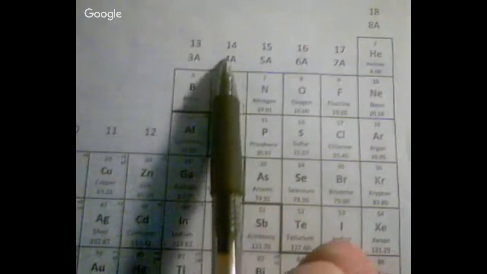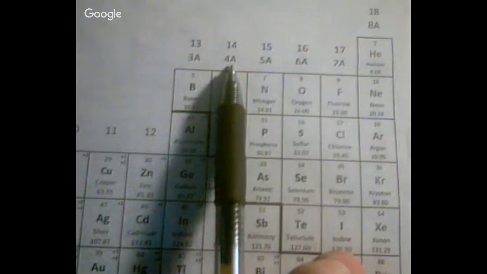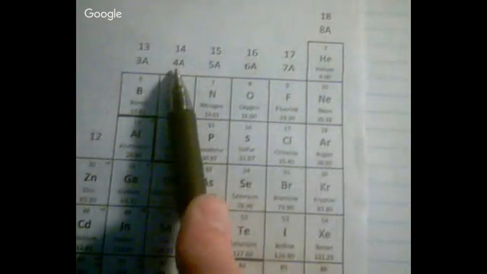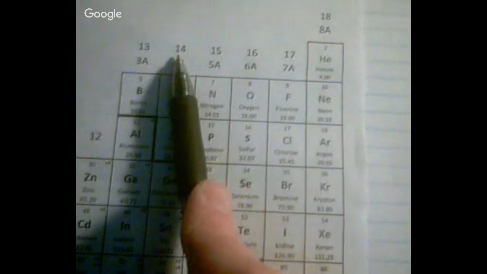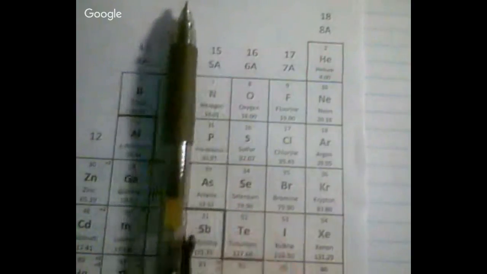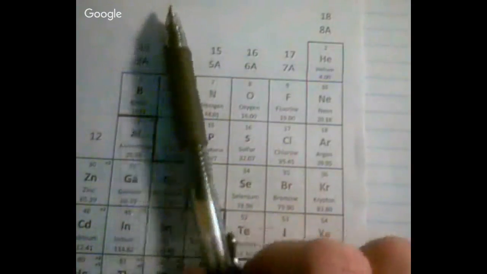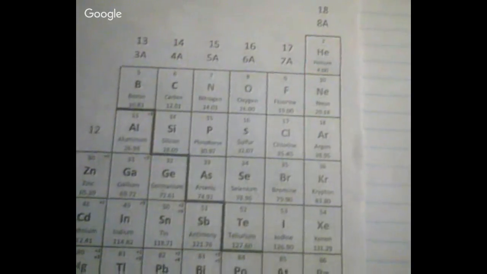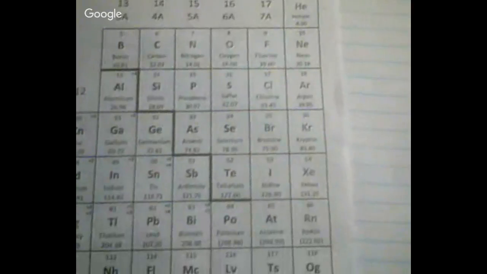That really means 4A, not this group 4 here. I'm going to change that because I don't like how that is worded. So really it's talking about 4A, which is also group 14. That is the group, that column: carbon, silicon, germanium, tin, lead, flerovium. And then it says period 5.